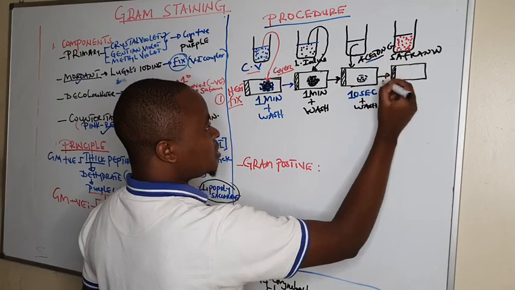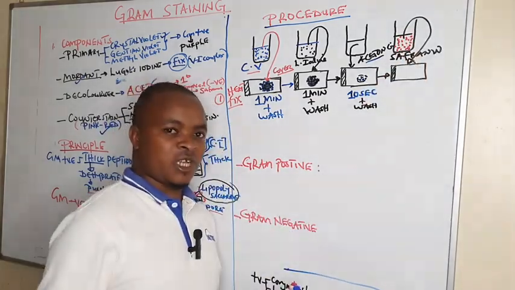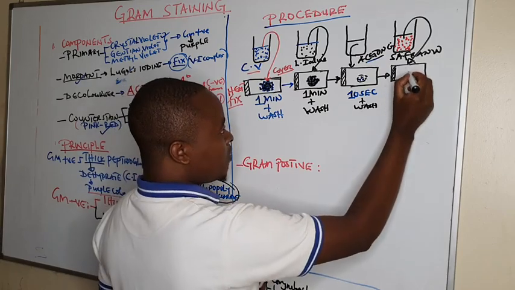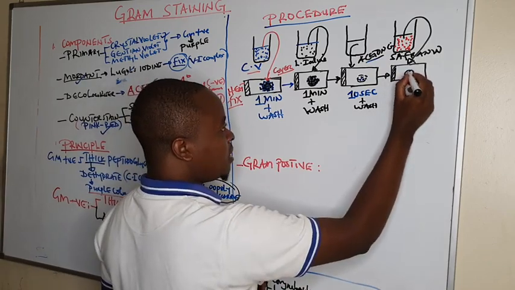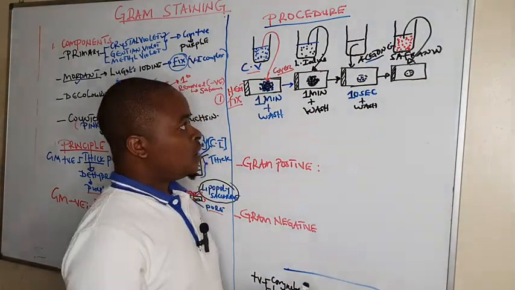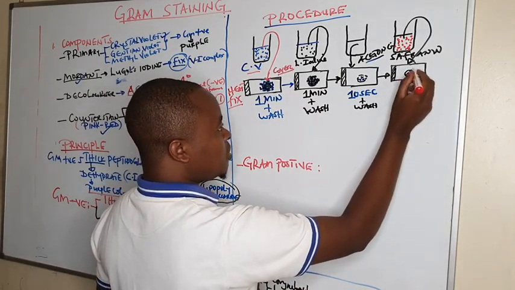Then after washing, we apply a counter stain. That is safranin or neutral red or dilute carbofuchsin. After adding safranin, the smear is going to appear reddish.